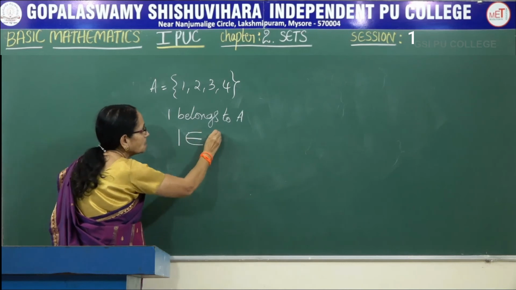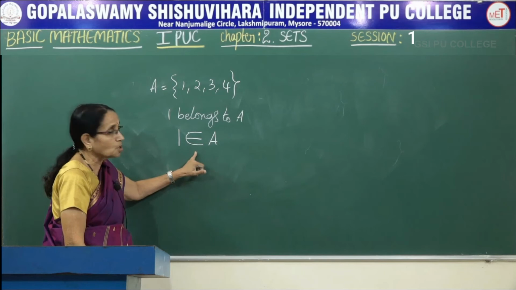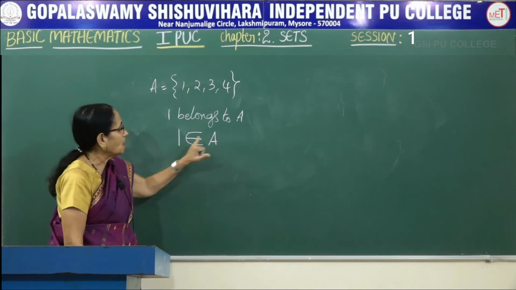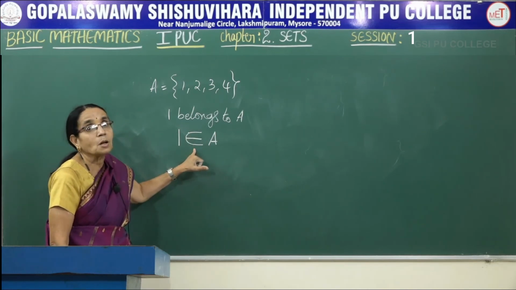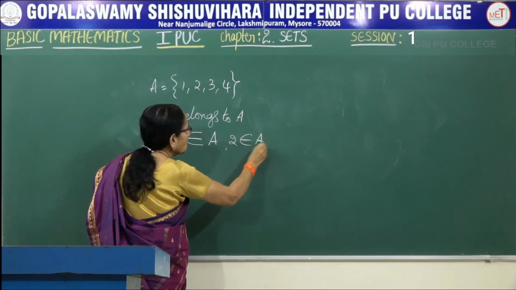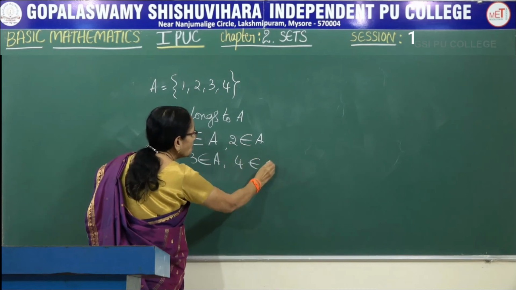Remember these notations properly. We read it like this, 1 belongs to A, and this symbol is the notation for the word belongs to. So I can write 2 belongs to A, 3 belongs to A, 4 belongs to A.